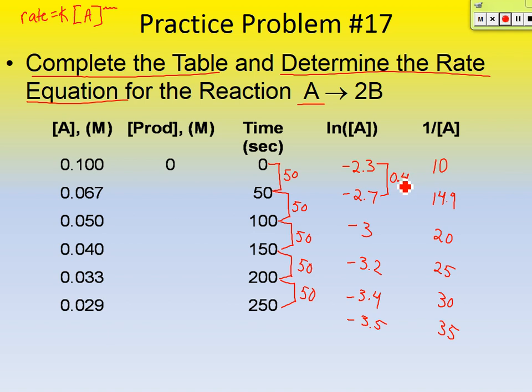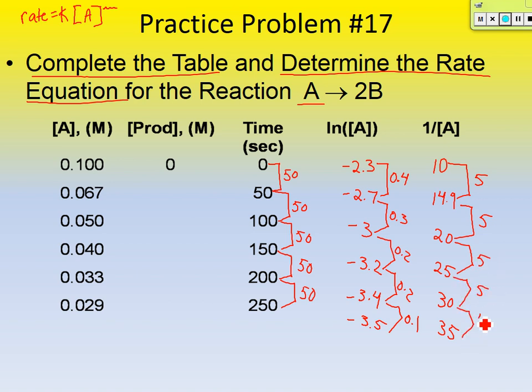0.4. What's the difference here? 0.3. What's the difference here? 0.2. Difference here, 0.2. What's the difference here? 0.1. What's the difference here? Roughly 5, right? What's here? 5, 5, 5, and 5.